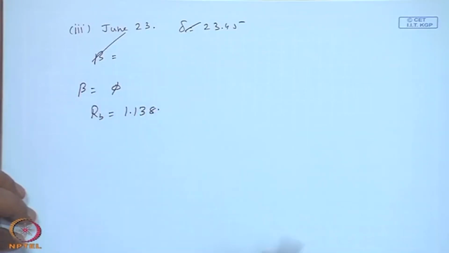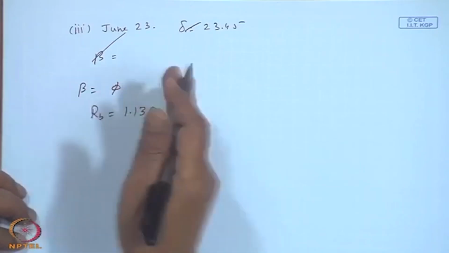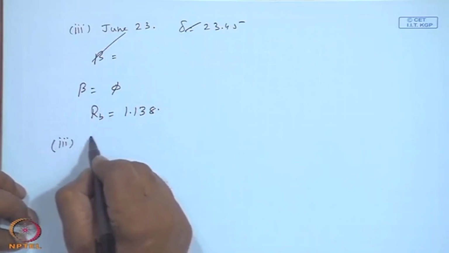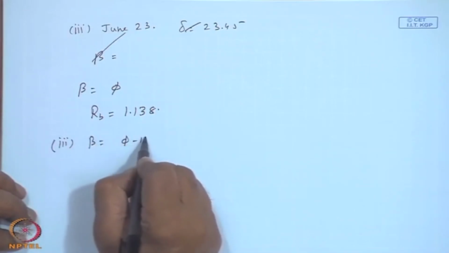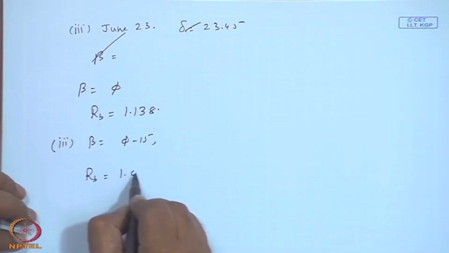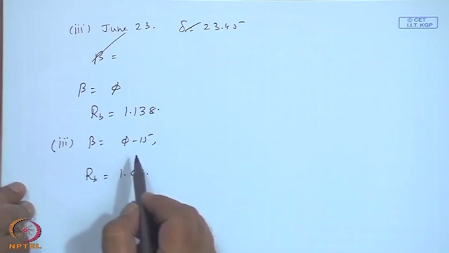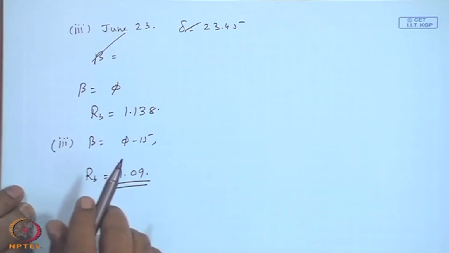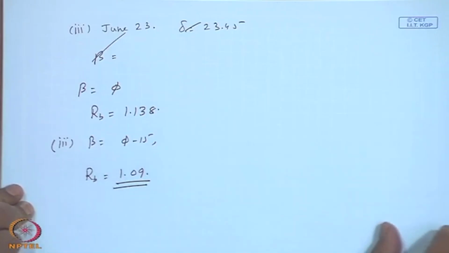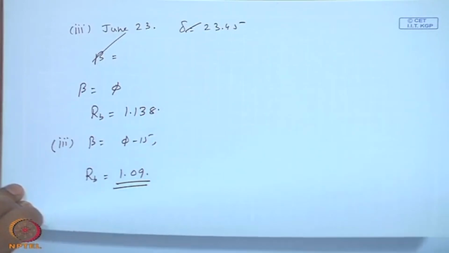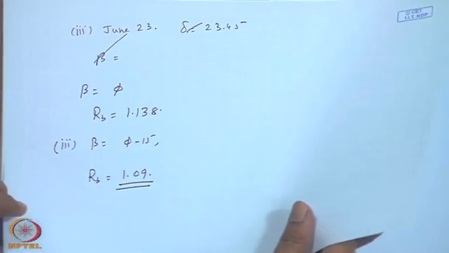It cannot be the same as beta equal to phi plus 15. The third case is beta equal to phi minus 15, for which RB is equal to 1.09. So, phi plus 15 and phi minus 15 give you the same RB factor in the month of March, because declination is 0. This will not happen if declination is non-zero.